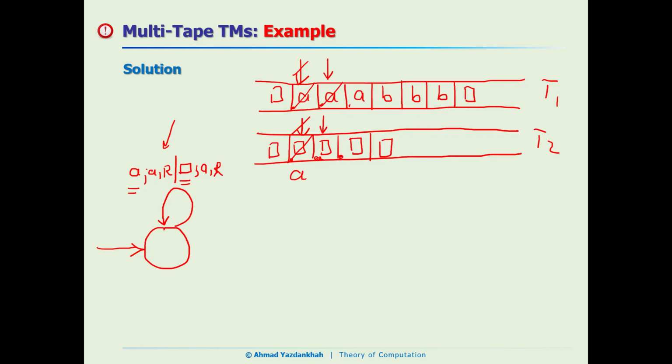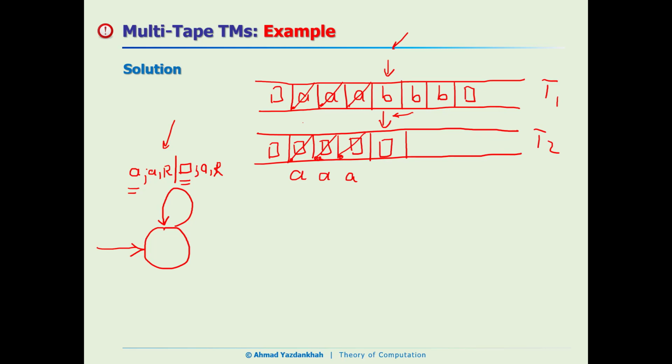So after this loop, we expect to see something like this. Now the tape number 1 is pointing to B, but tape number 2 is pointing to a blank.